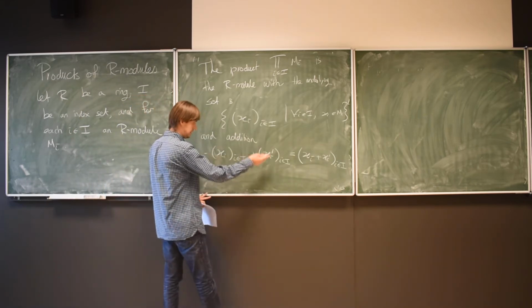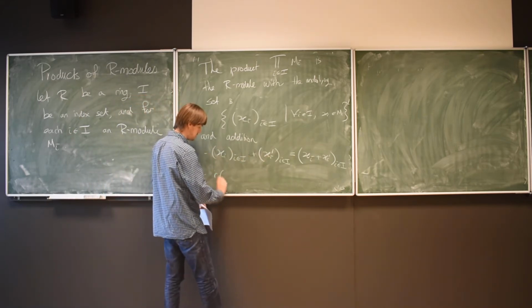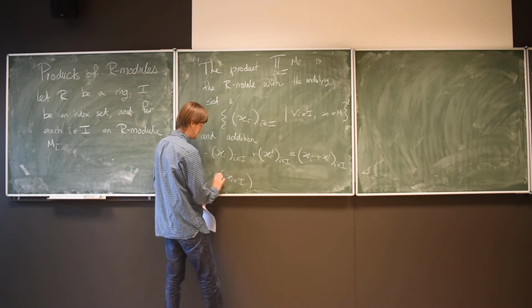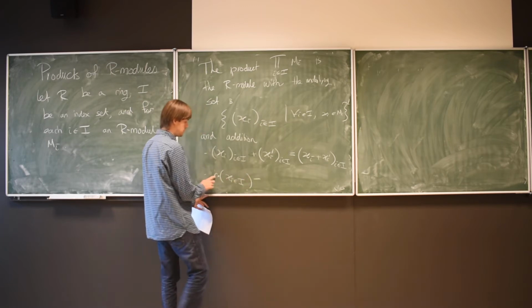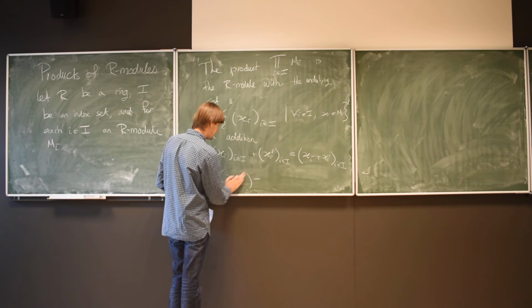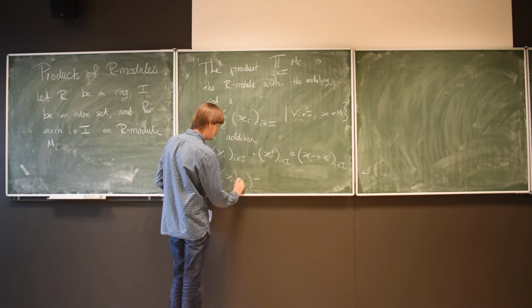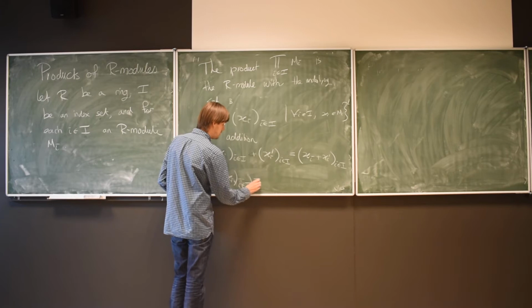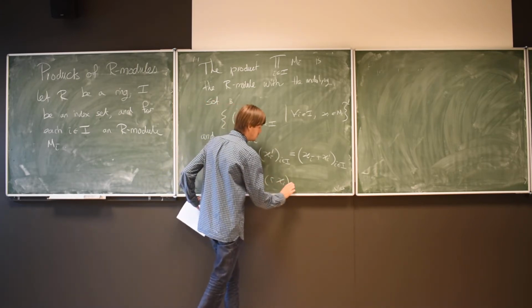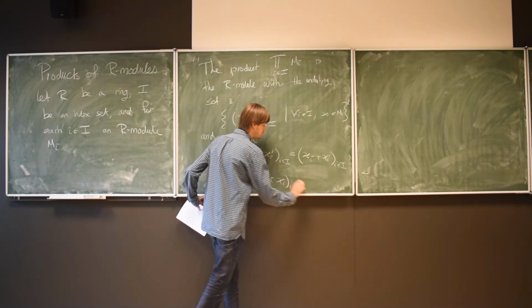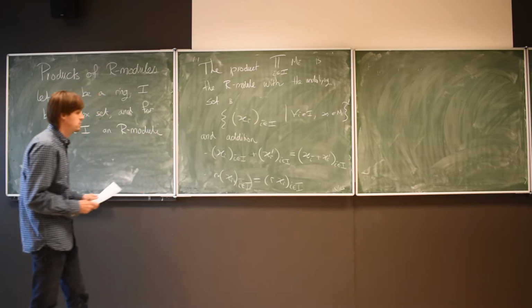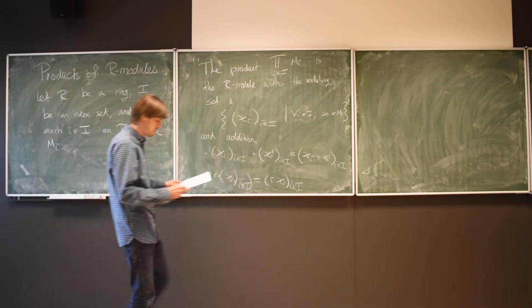And I equip it with the scalar multiplication given by this formula. So if you give me an element in the ring and a tuple, then I multiply on all the coordinates in this way. Okay, so this is the product module. So you can easily check that this is again an R module.